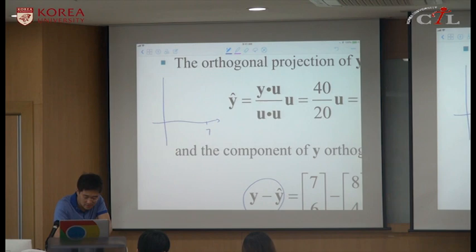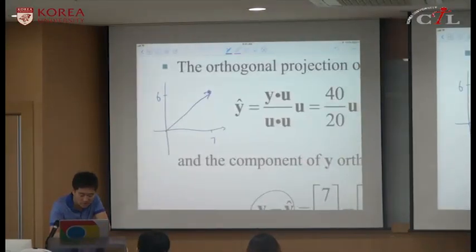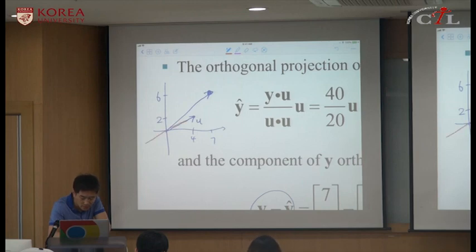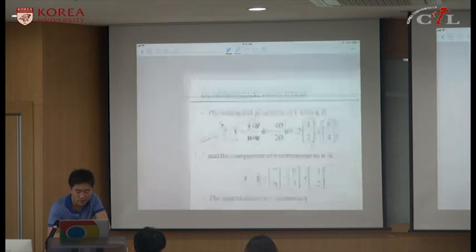We have the original vector y here, and u is (4, 2). So this is u, and the orthogonal projection is as follows. If we consider this a single line spanned by u, then this point is the orthogonal projection, y hat, and that y hat is 2 times u, as we obtained here, right?